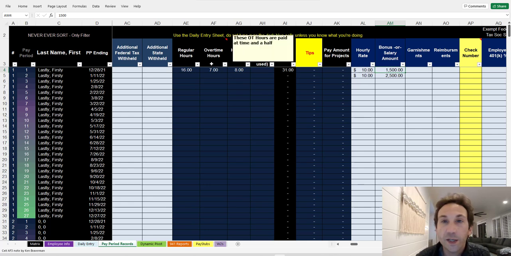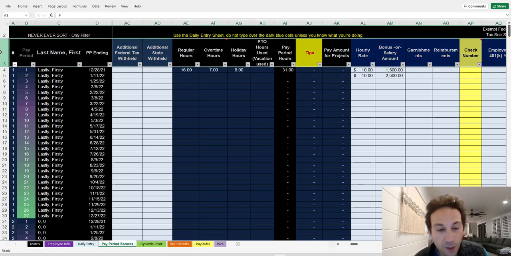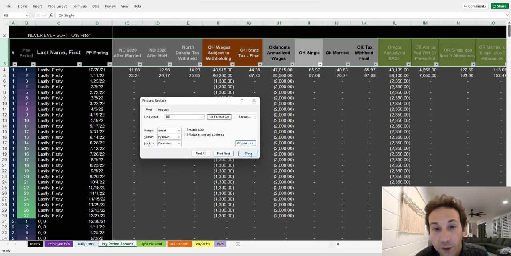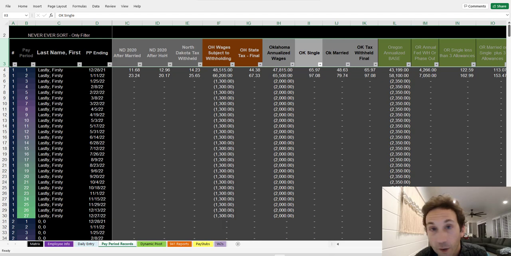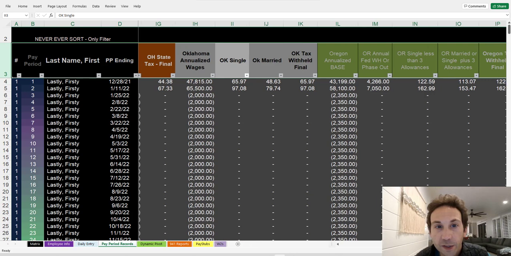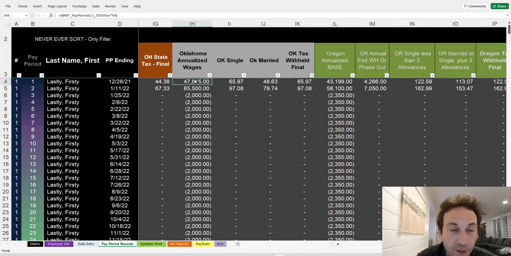So, well, what has Oklahoma done this year? We can look at the Oklahoma section of the file and show you what the Oklahoma tax rates actually are and the formula that you could use to write them. So basically, you have a standard deduction amount of $1,000 per allowance that they have put on their Oklahoma W-4. That's going to create an amount that comes out of their annualized taxable income.